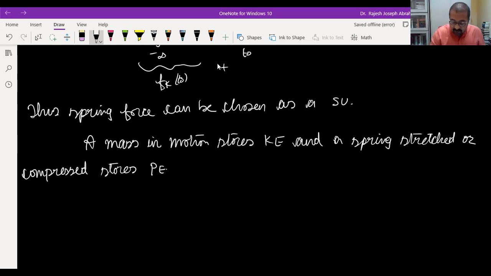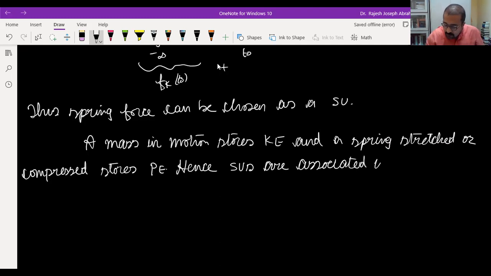Hence, state variables are associated with mass and spring.